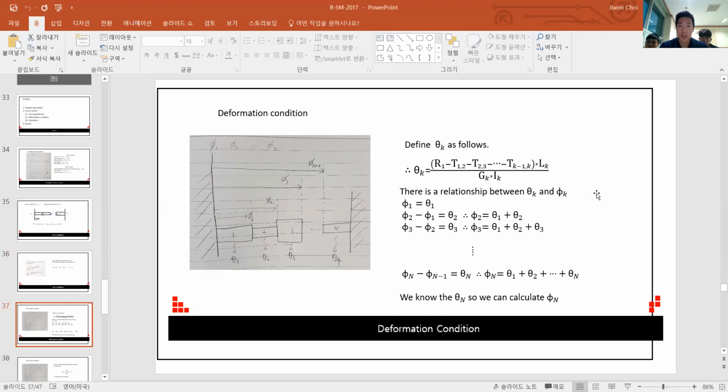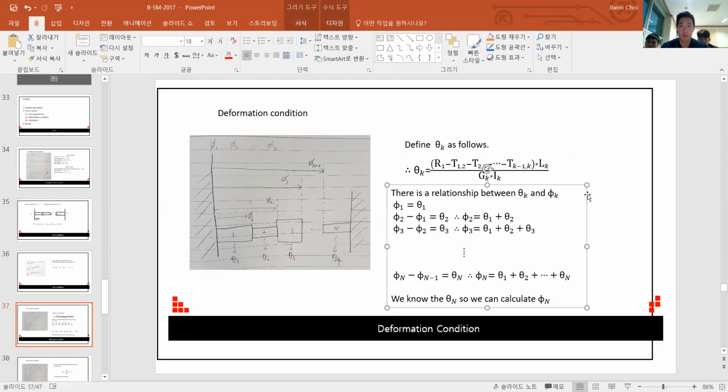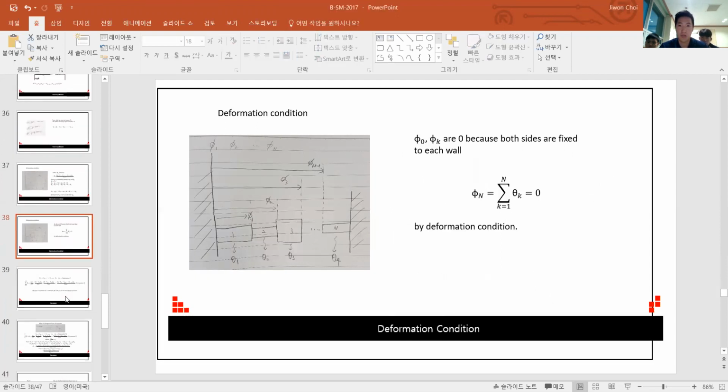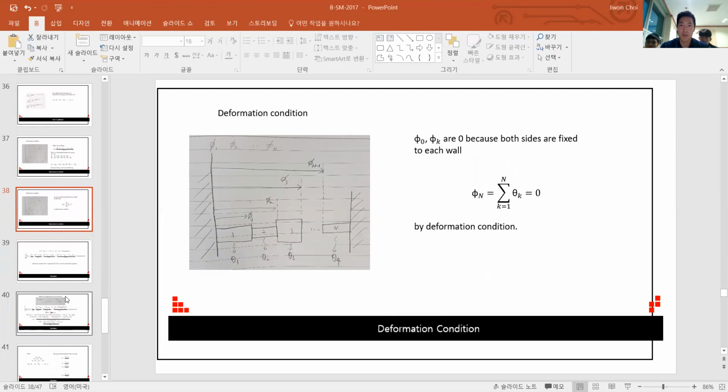So we know theta n, so we can calculate phi n. As both sides are fixed, phi 0 and phi n are 0, so the summation of theta 1 to theta n will be 0 by the deformation condition.